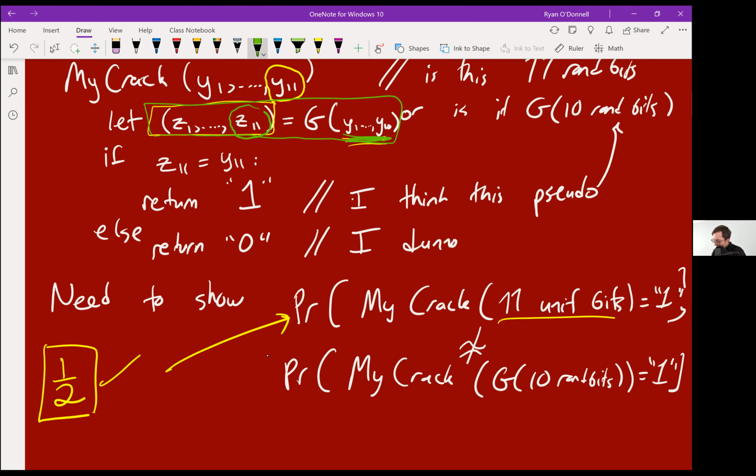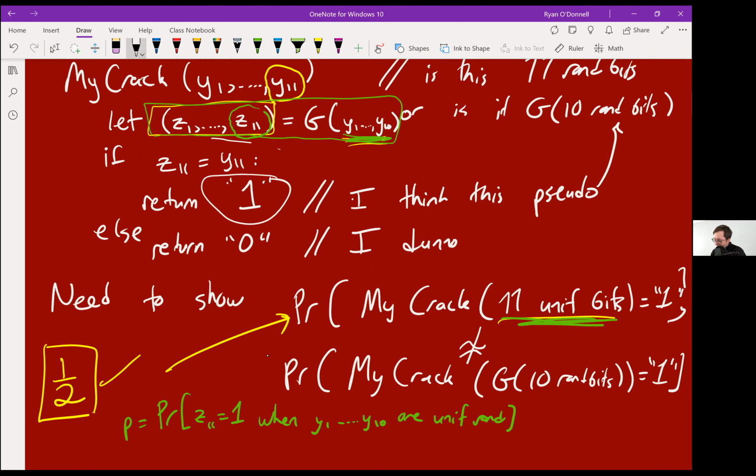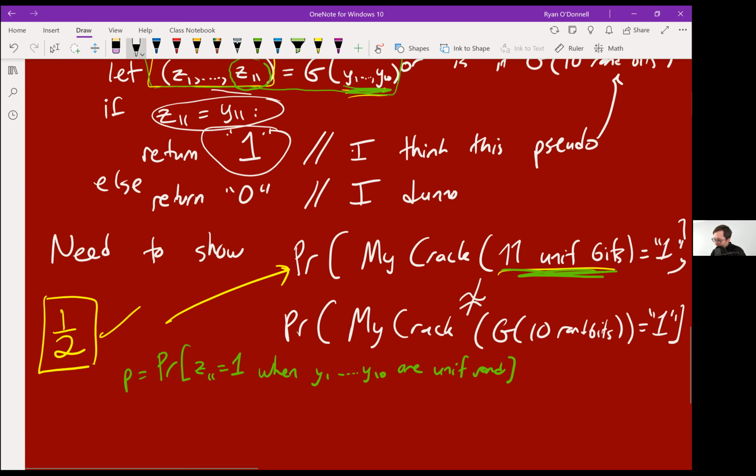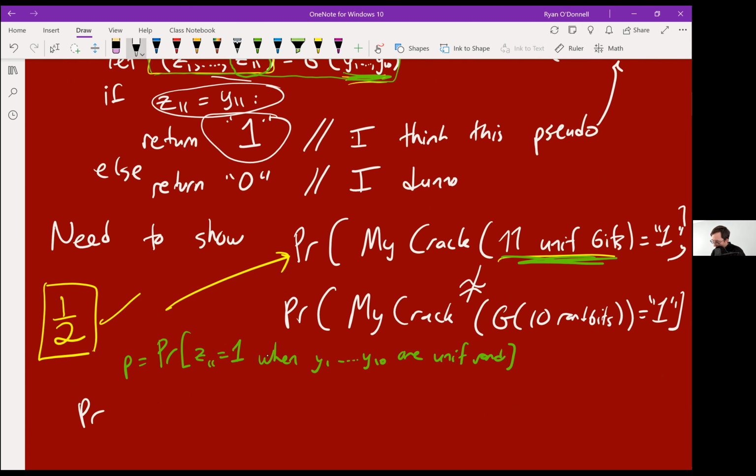You said let P be the probability that Z11 equals 1 when Y1 through Y10 are uniformly random, which they are in this story. And then we return 1 if Z11 equals Y11. So what is the probability that Z11 equals Y11?